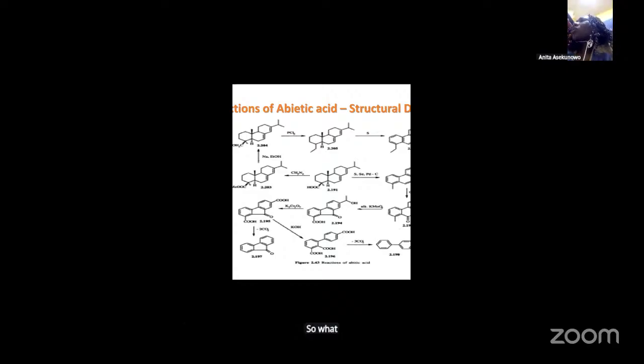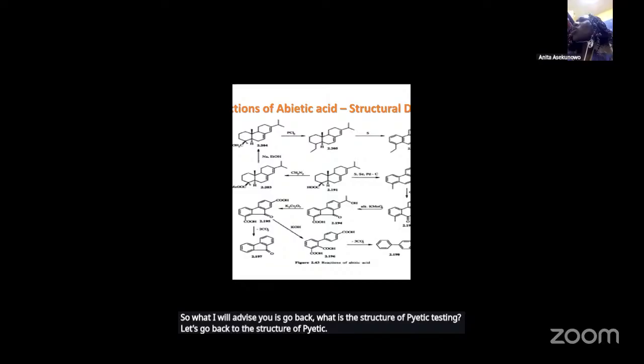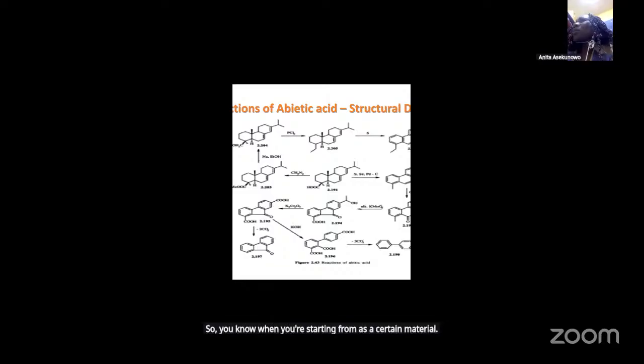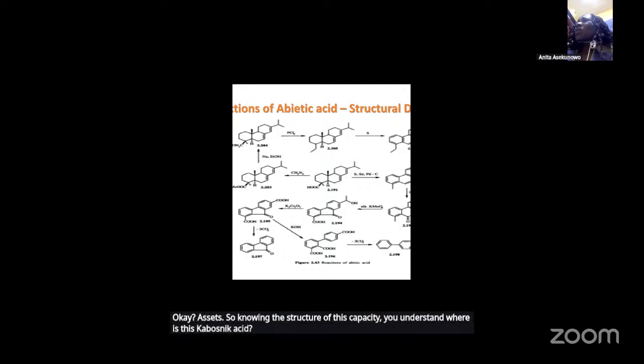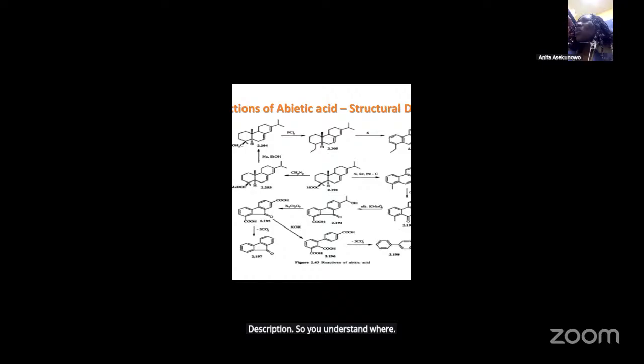So what I will advise you to do is go back. What is the structure of abietic acid? Let's go back to the structure of abietic acid, so you know where you're starting from as your starting material. Abietic acid has a carboxylic acid functional group. Knowing its structure, you understand where this carboxylic acid is, so you understand where your reaction is coming from.